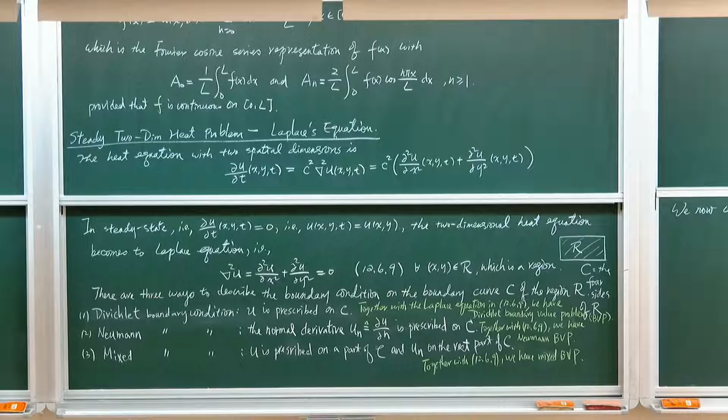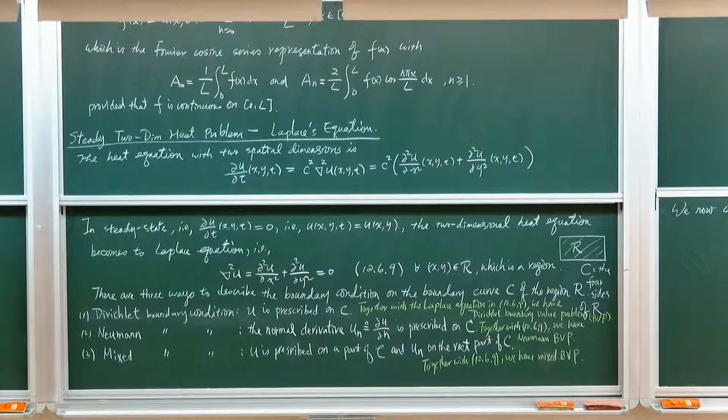So the situation is here. We have a plate, with axes x and y. Here is A, this is B, and this point is (A, B).